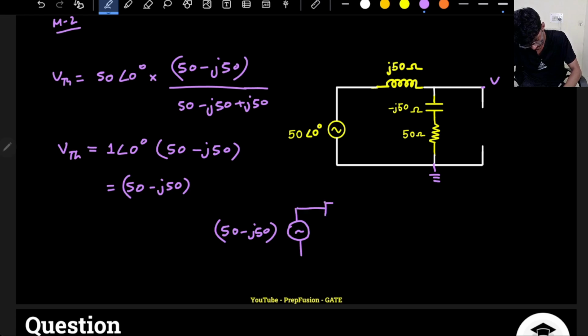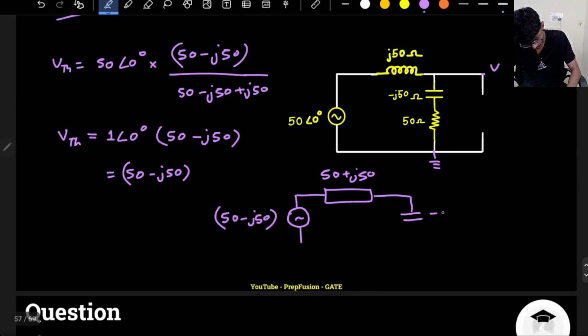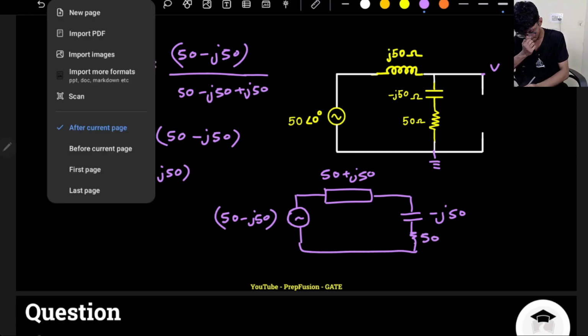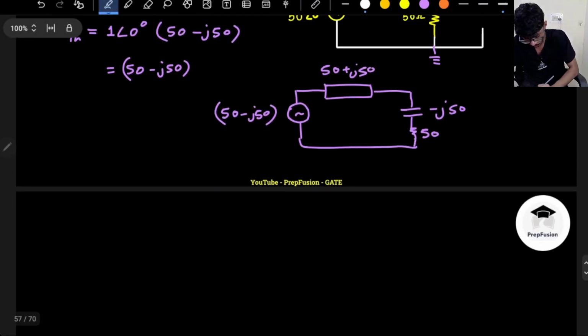This is the Thevenin's impedance, 50 plus j50, and this was the load impedance, minus j50 divided by 50. Okay, so you can further write this. So what will be the current here?